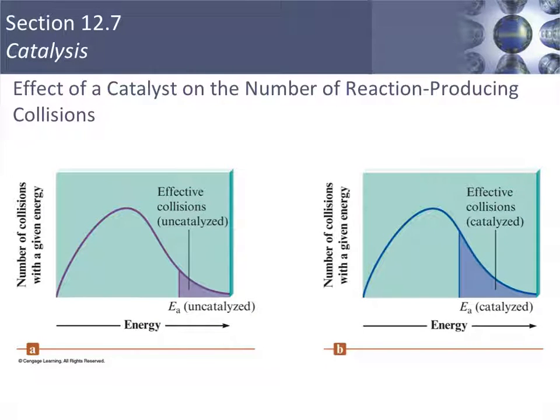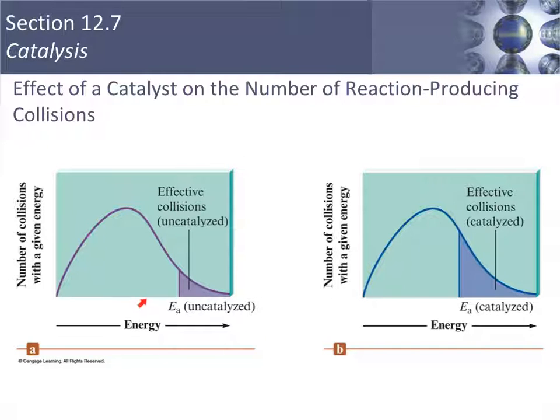These two diagrams really are just another way of expressing this same idea. So here we have the Boltzmann distribution. So this would be the range of energies that exist within a particular sample. And this would be the energy that most of the particles or molecules have.